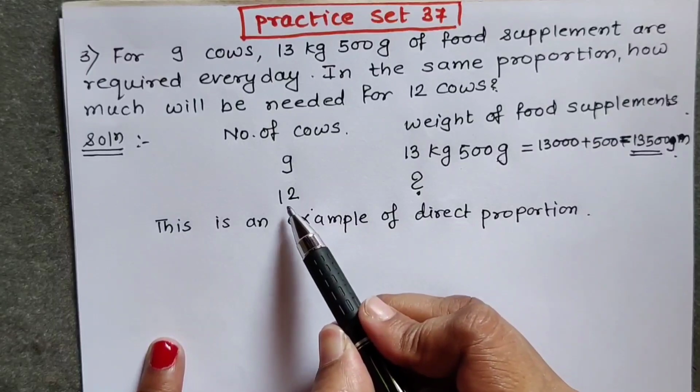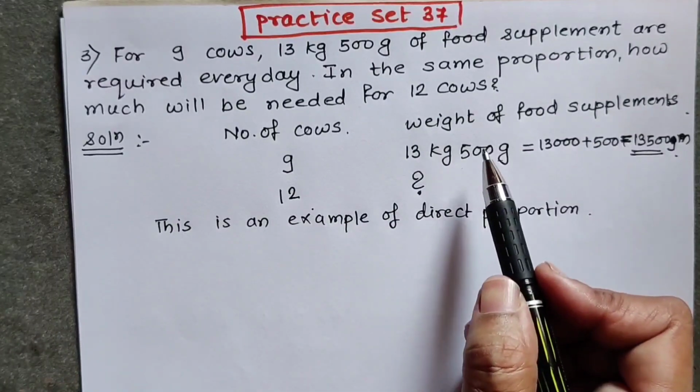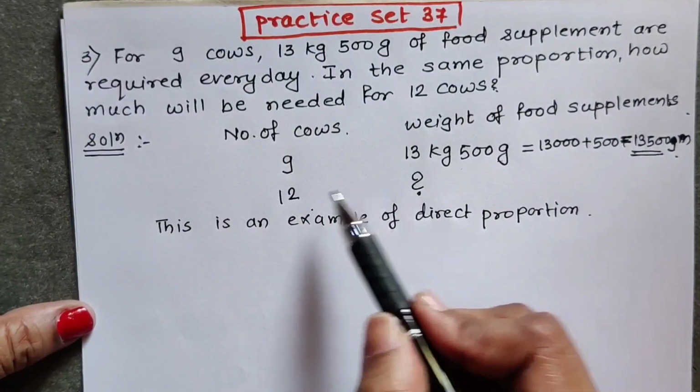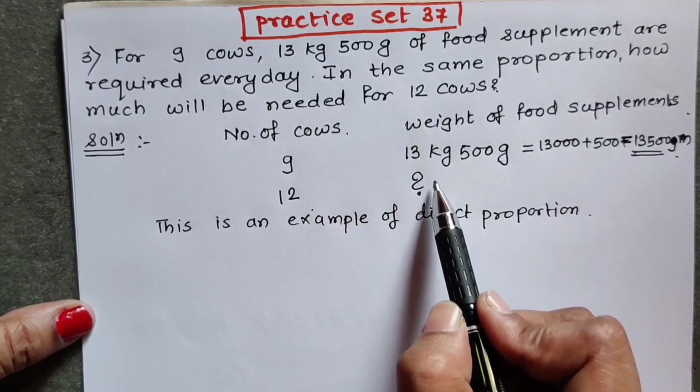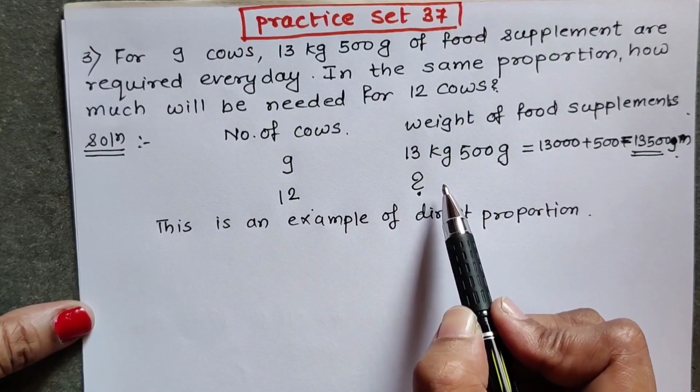We have to find out how much food supplement will be required by 12 cows. We don't know that, so for this weight of food supplement, we will take it as X.